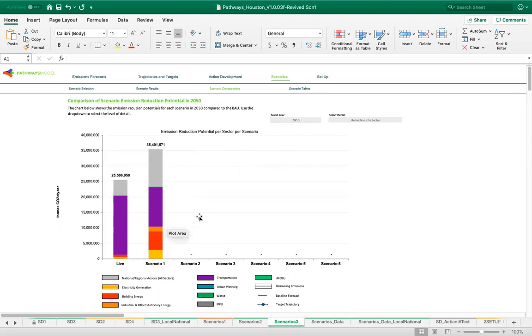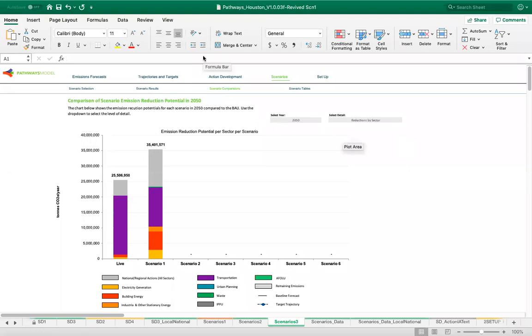What you're able to do as part of this scenario modeling approach is build up 6 different scenarios so that you can compare one scenario to another in terms of what the reductions potential is for those.